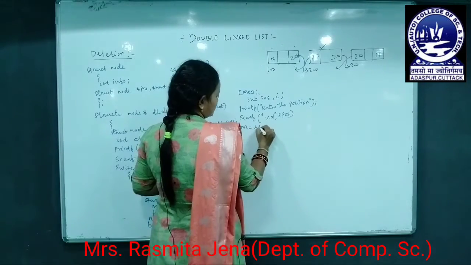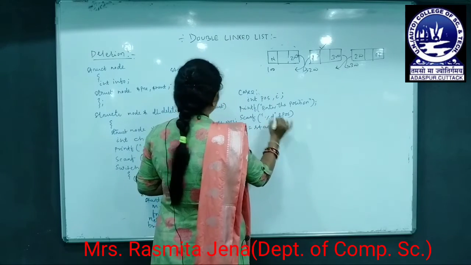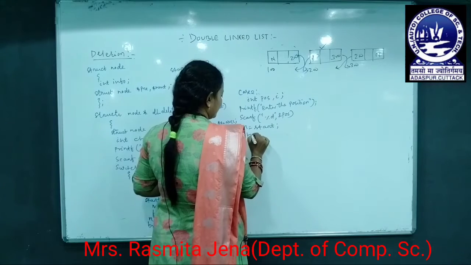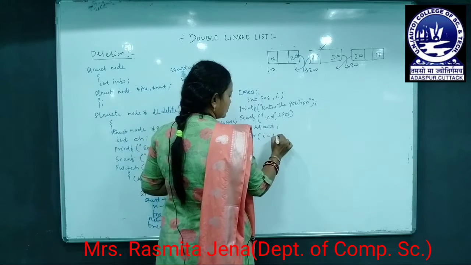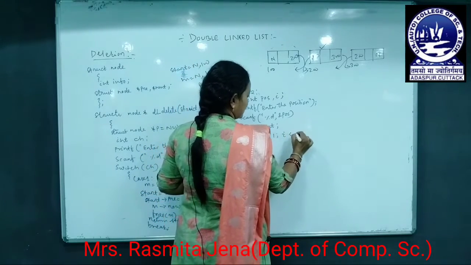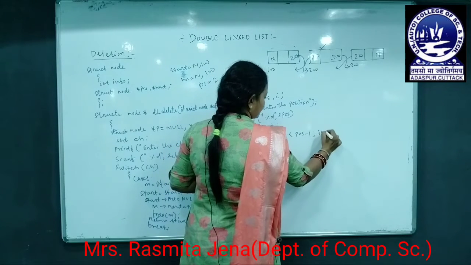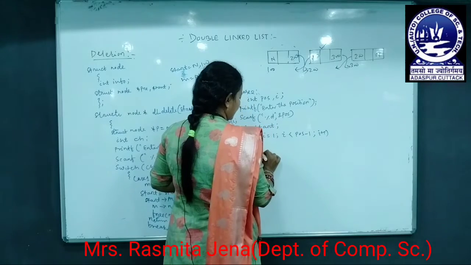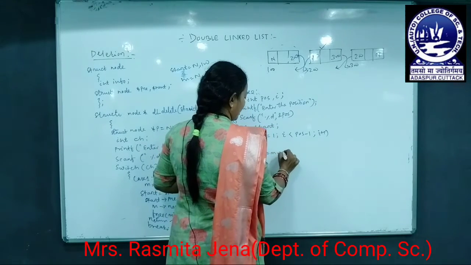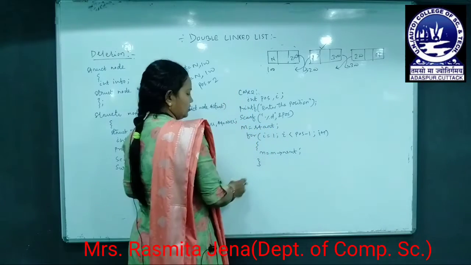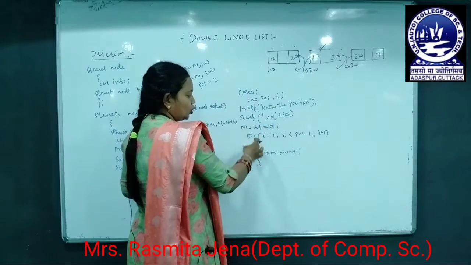So m equals to start. So m becomes 100. Start the loop for i equals to 1, i less than position minus 1, and i plus plus. Then m equals to m next. Let me execute the loop first.